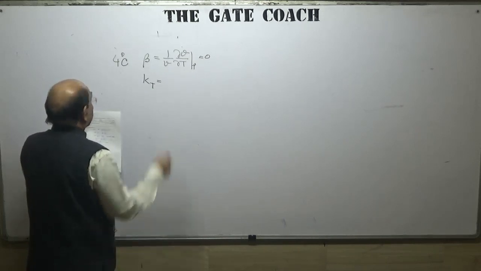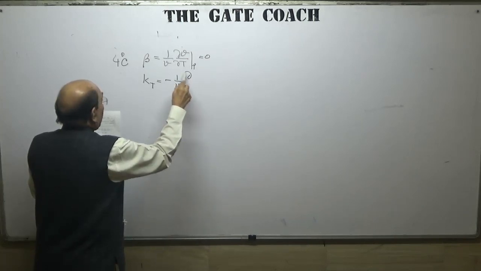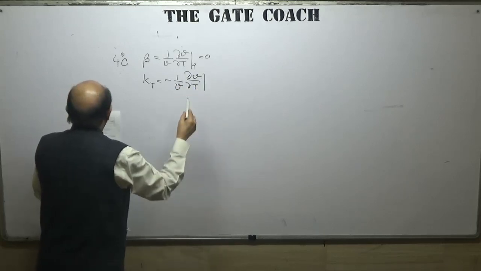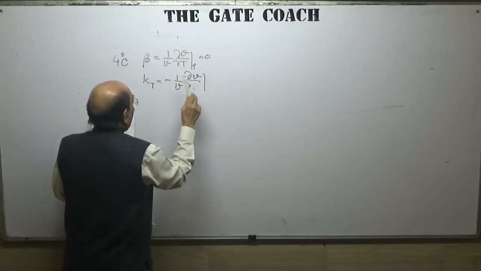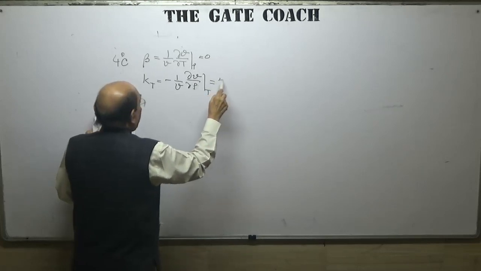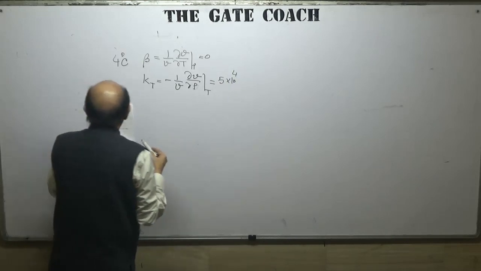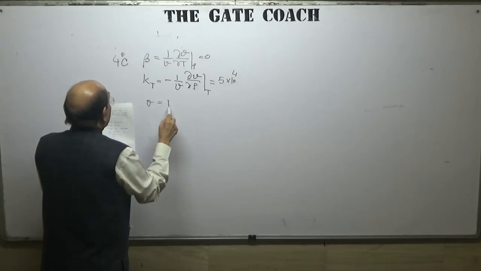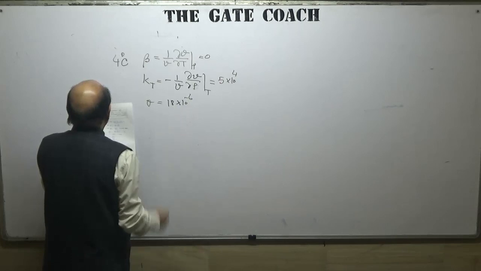Coefficient of thermal expansivity, minus 1 upon V del V by del P at constant temperature, is given as 5 into 10 raised to power 4. And the molar volume V is given as 18 into 10 raised to power minus 6.